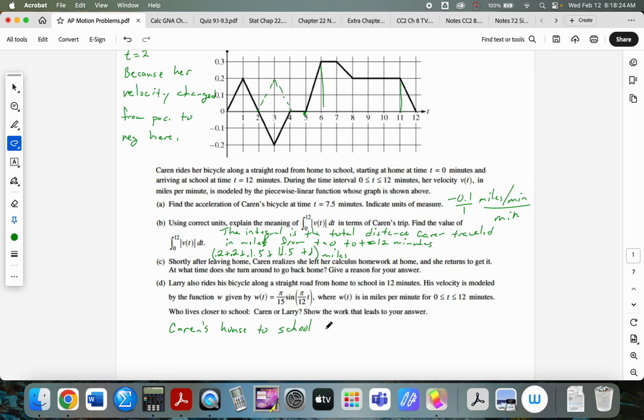And we do need to calculate this because we need to be able to compare it to something else. So Karen's house to school is 0.15 plus 1.15 plus 0.1. So that's 1.35 miles.